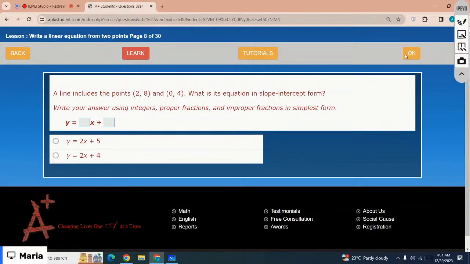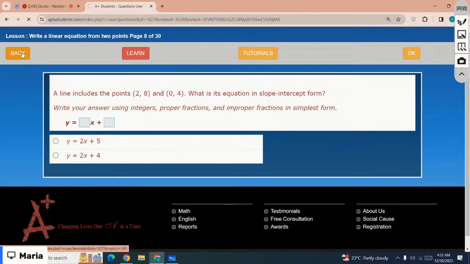Which is the correct option? The correct option is the second one. Y equals 2x plus 4 is the correct option. Okay, you can complete the lesson by yourself later today.